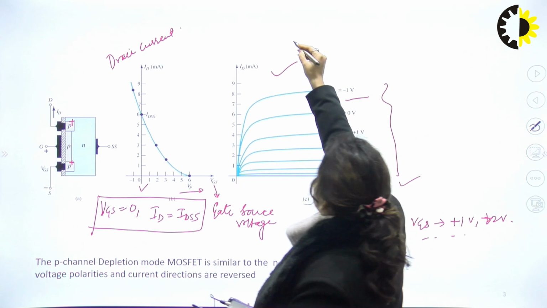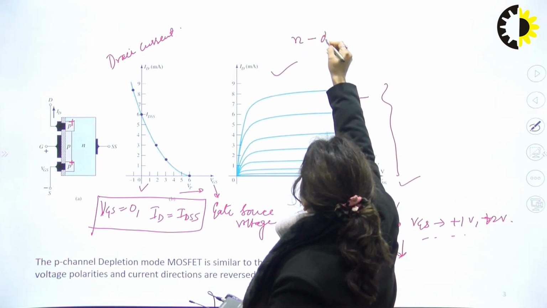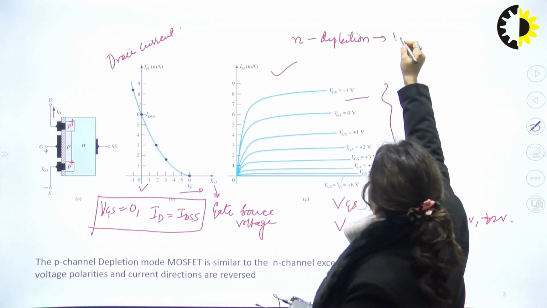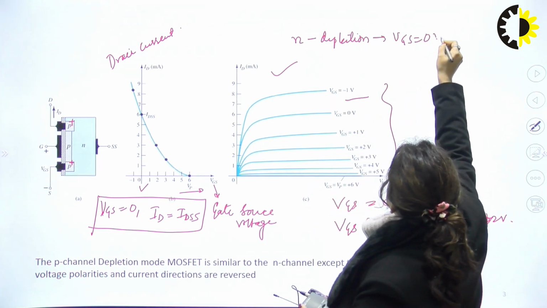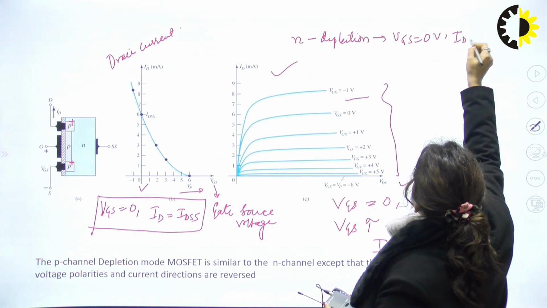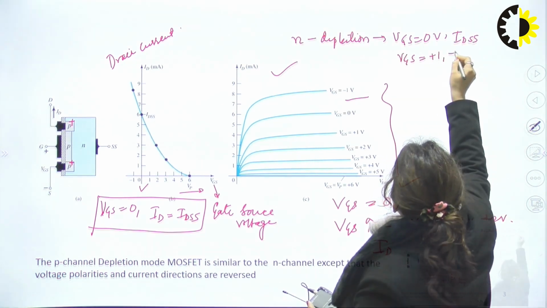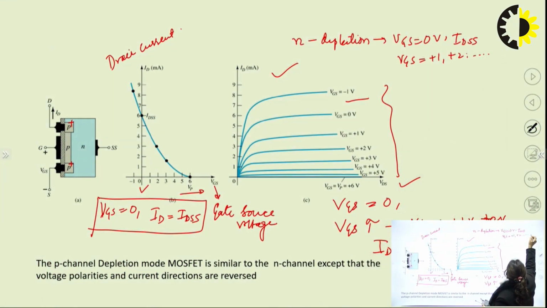In N type depletion MOSFET, when VGS is equal to 0 volt, there is some current, suppose IDSS. When VGS is plus 1, plus 2 and so on, ID will be greater than IDSS.